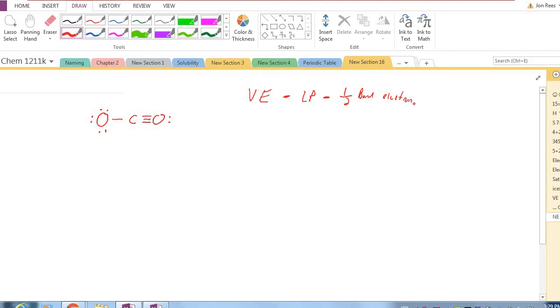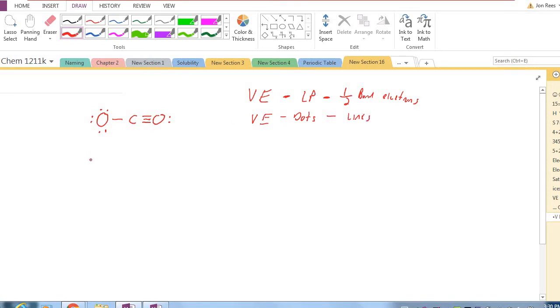Another, more simplistic way is to take the number of valence electrons minus the number of dots that you see, which are the lone pairs, minus the number of lines that you see.